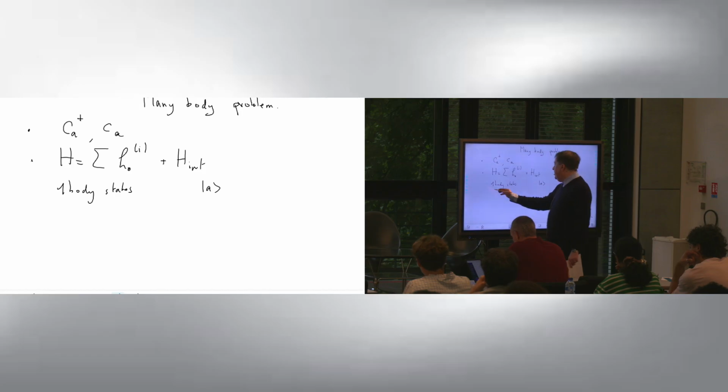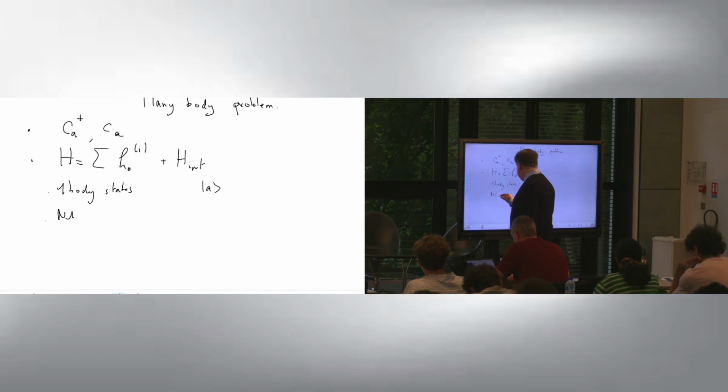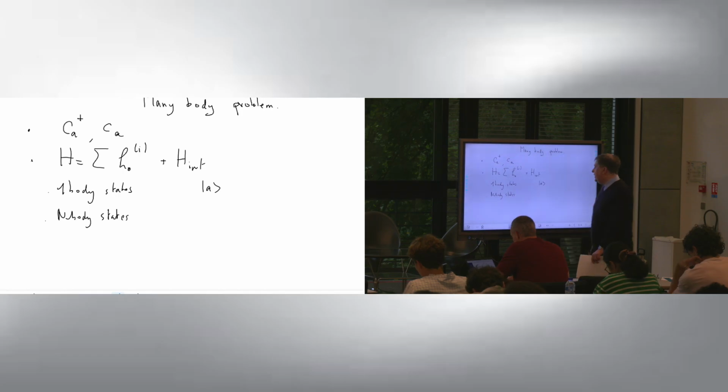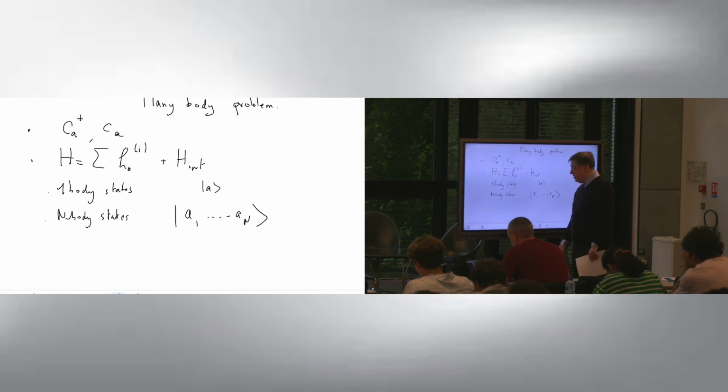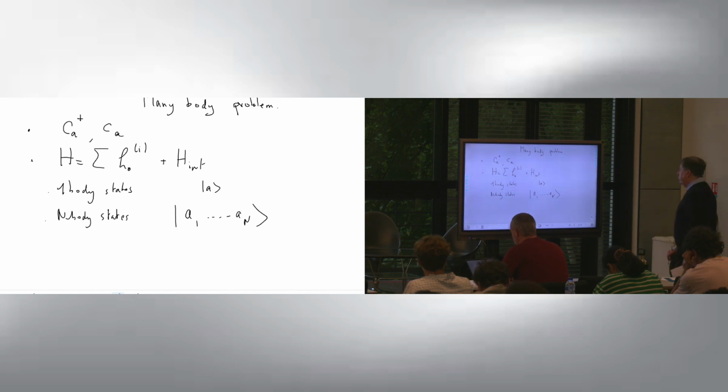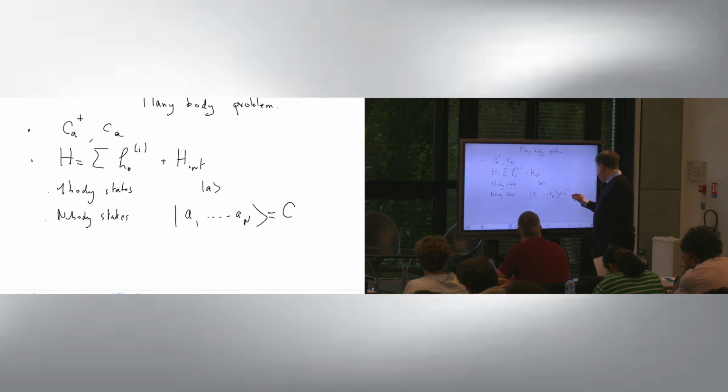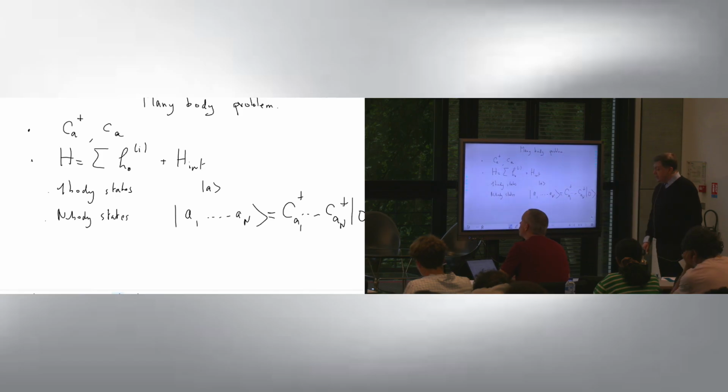But what we really want to manipulate are the n-body states in their Fock representation. For example, of the form |α1...αn>, a state with n particles in states α1 to αn, created by creation operators c_α1 dagger ... c_αn dagger on the vacuum, |0> being the vacuum with no particles.